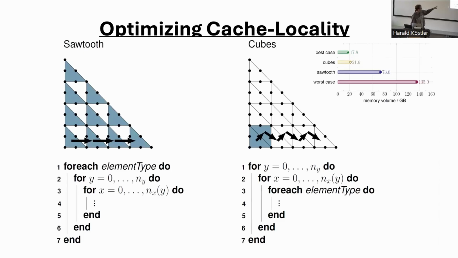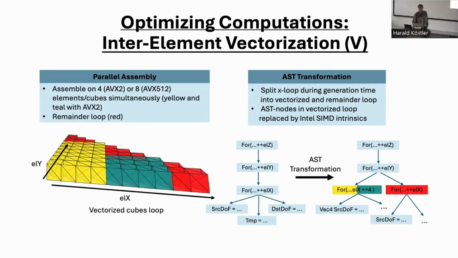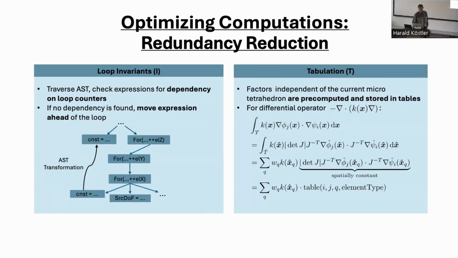Here is, by the way, what that means for the concrete loops and loop order. I want to jump a little bit ahead because I think vectorization is straightforward, and also pre-computation of constant parts, where we use some tabulation.